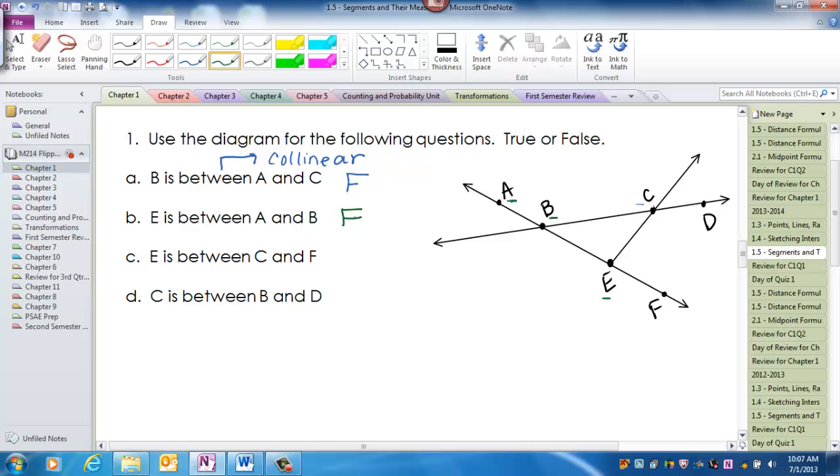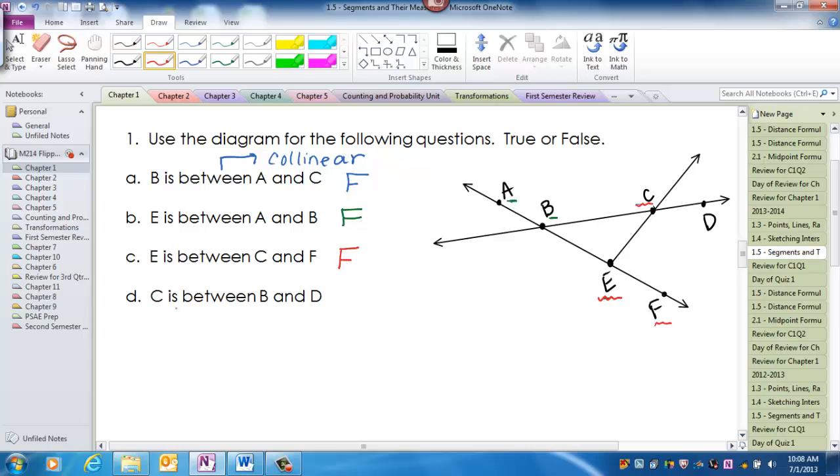Okay, part C. E is between C and F. Okay, well, here's E again. Here's C and here's F. First of all, if E is going to be between C and F, they all have to be on the same line. Is that true? It is not. So right off the bat, you can say that this one is false.